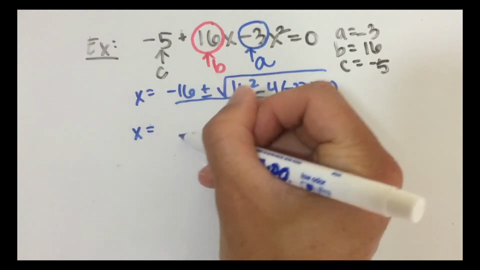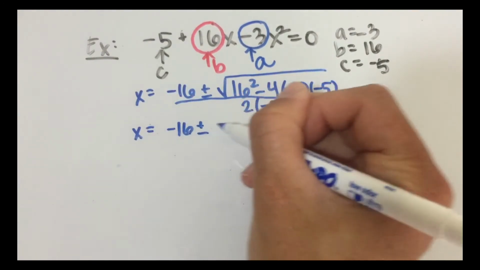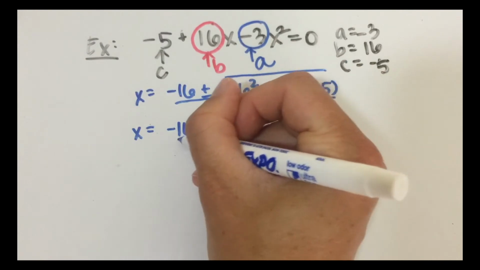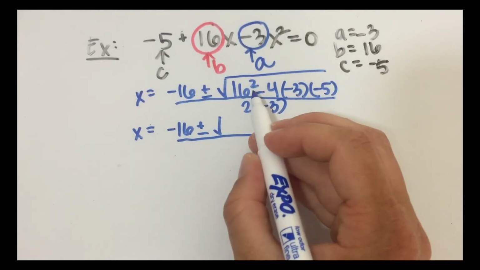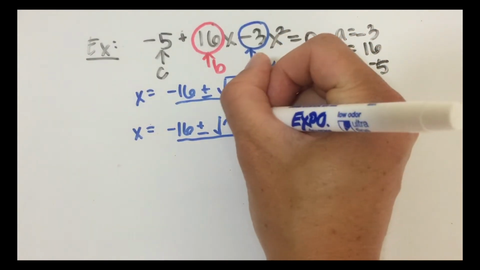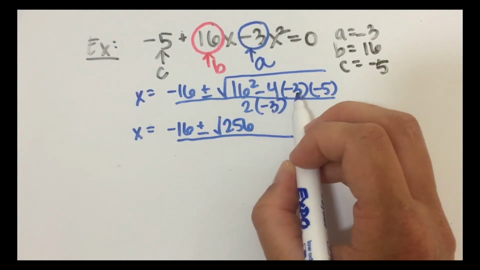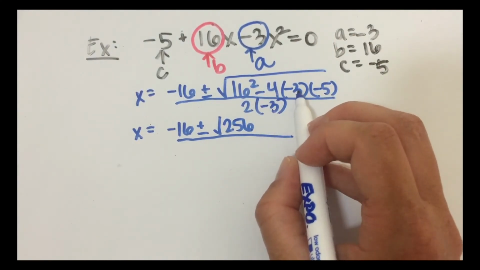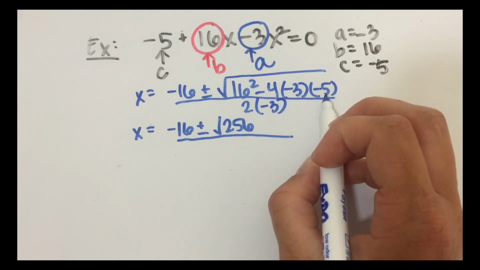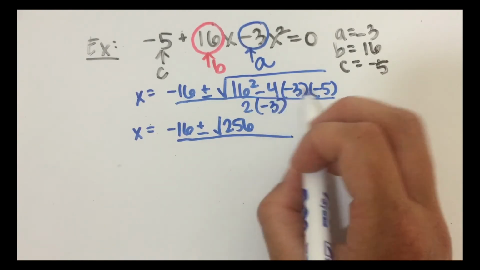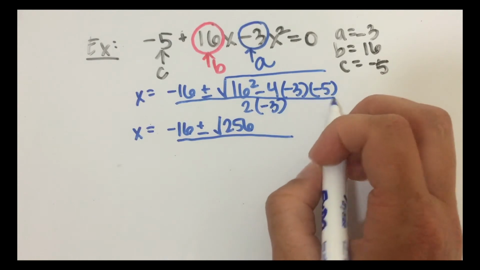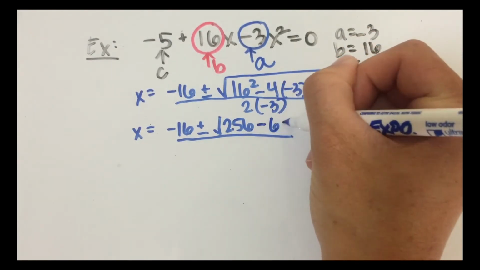So now first, I'm going to worry about what's inside of the square root. So 16 squared is 256, and then 4 times 3 is 12, and 12 times 5 is 60. And this will be negative since we have three negative numbers being multiplied by each other.